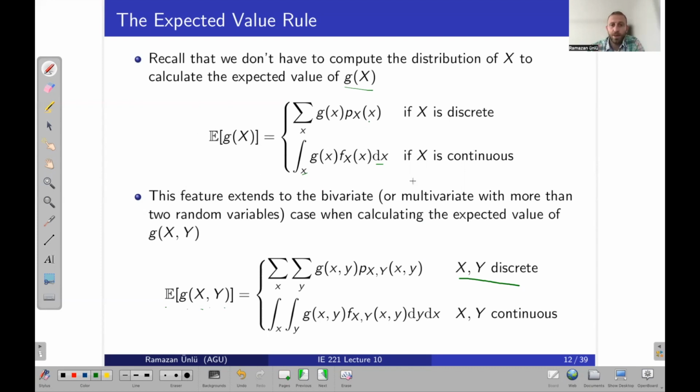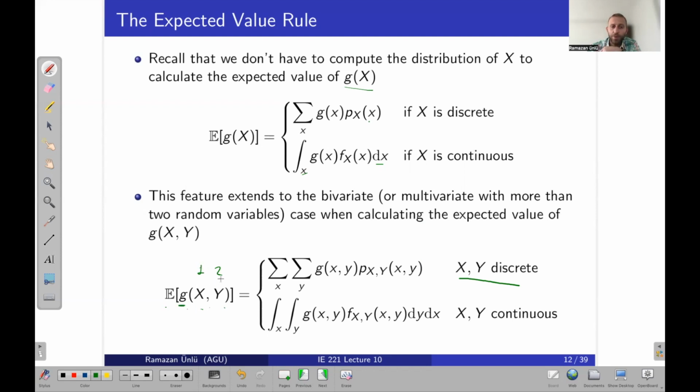So same thing with it here. We don't need to calculate the distribution of x again, you can just use g of x and the corresponding probability of x. What I mean, for example, let's say x takes only 1 and 2. So what will we do for g of x and y?